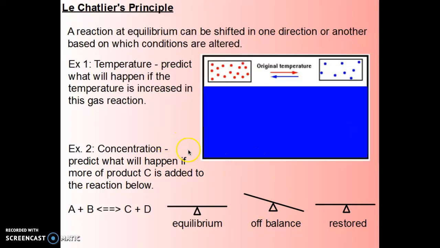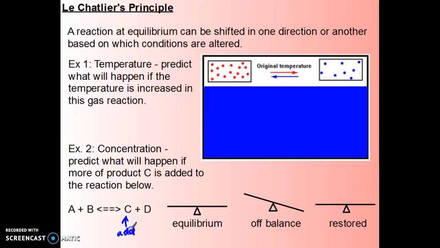If we increase the concentration, we can predict what will happen to our equilibrium if we were to add more of product C. So basically just increasing the concentration of product C. So if we add more C, that means we're adding this one.